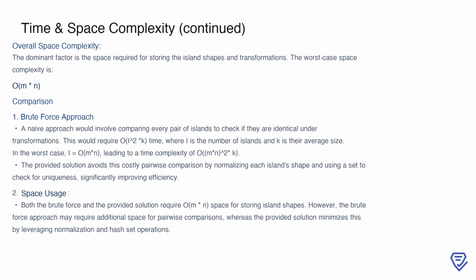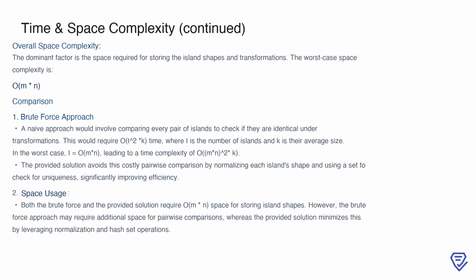Comparing this to a brute force approach, the naive method would involve comparing every pair of islands, which has a time complexity of I²*k, where I is the number of islands and k is their average size. With I potentially being m*n, the brute force approach could reach a complexity of (m*n)²*k.